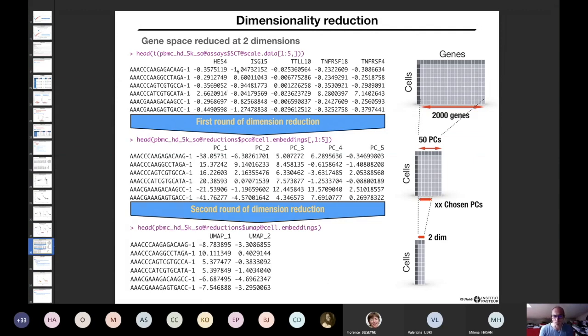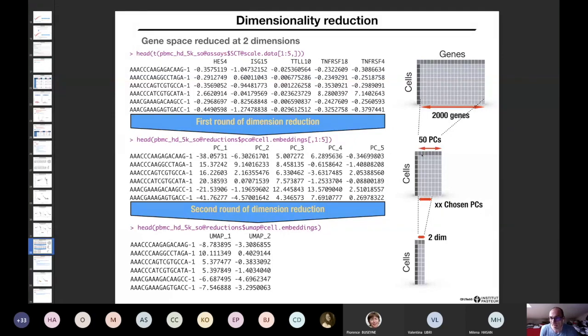So just to summarize, we have here the gene space with just the scaled value of all the genes. Not all the genes, only the most highly variable genes. We do on these selected genes a first round of dimension reduction through a linear PCA, and we no longer have genes, but we have PCs, linear combinations of genes.